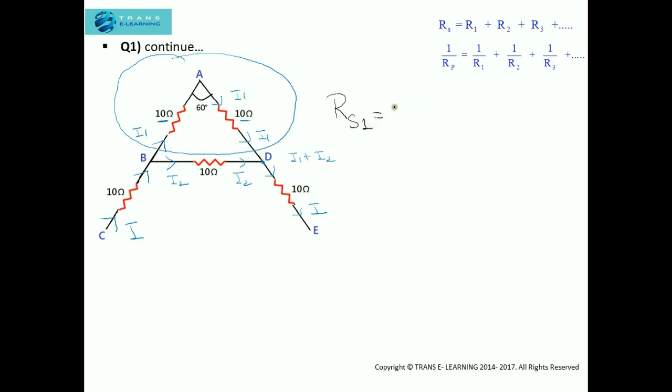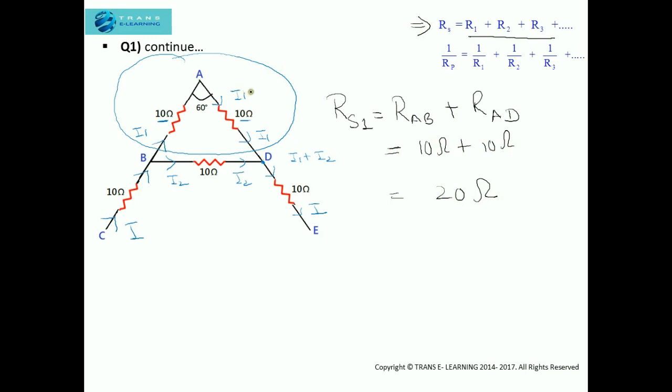This will be equal to the sum of resistance across AB and across AD, because when the resistors are in series combination, they get added. So this will be equal to 20 ohm. Now the equivalent resistance of this part will be 20 ohm.